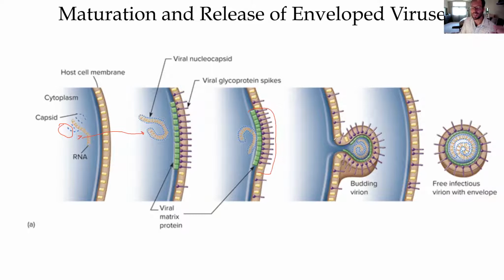And once that happens, it stimulates the budding or the exocytosis of an enveloped virus, such as this, okay? And now it buds off, and you have a free infectious particle that has taken with it some of the host membrane.